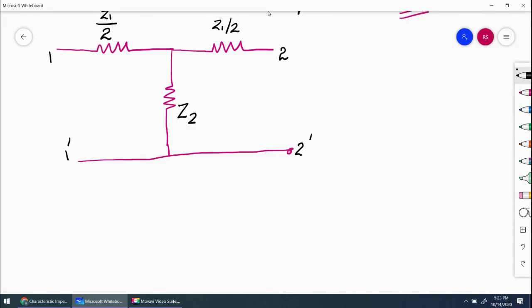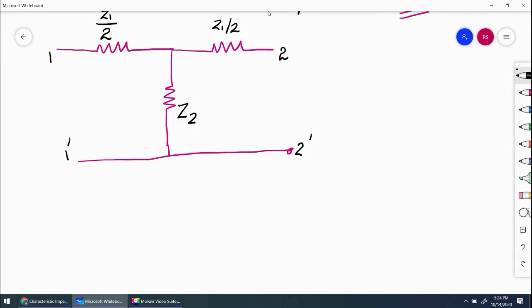This network is a symmetrical network. The image impedance at port 1 dash and port 2 dash will be equal to each other. We say it to be an image impedance, which is called the characteristic or the iterative impedance, which is given by Z0.